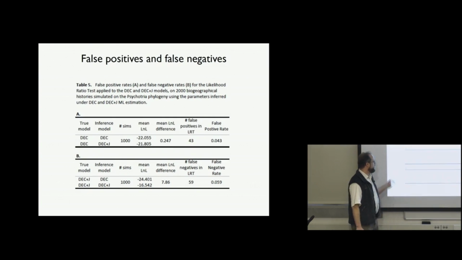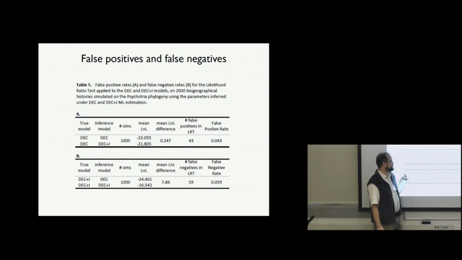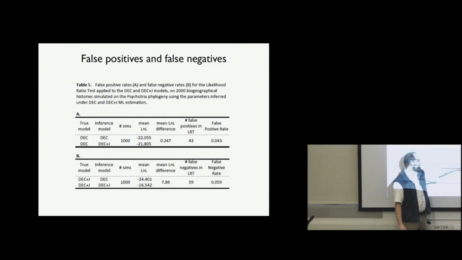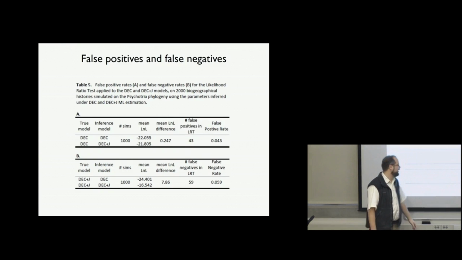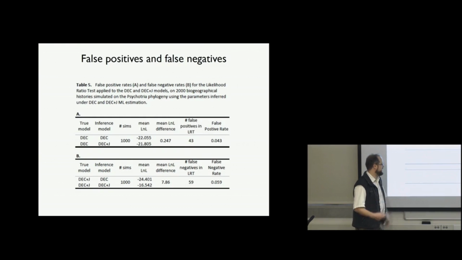And basically, when the true model is DEC and you run inference under DEC plus J, you only falsely conclude that DEC plus J is better about 0.05 fraction of the time. And that's exactly what you want. If your p-value is 0.05, you want your false positive rate to be 0.05. So I've basically gotten that. This means that when the true model is DEC, I do not falsely pick this other model, right? I mostly pick the DEC model, which is good. And you get the same result in reverse.